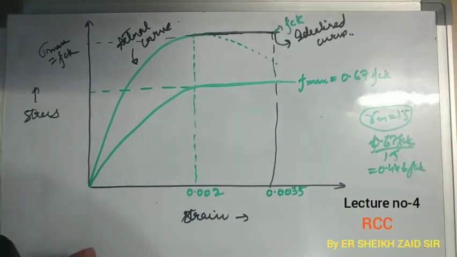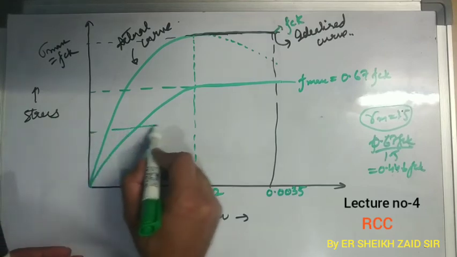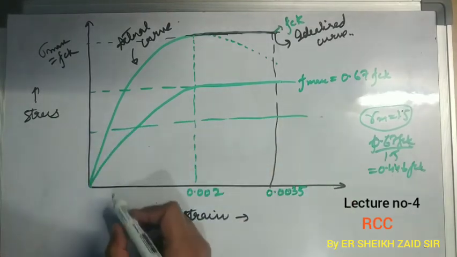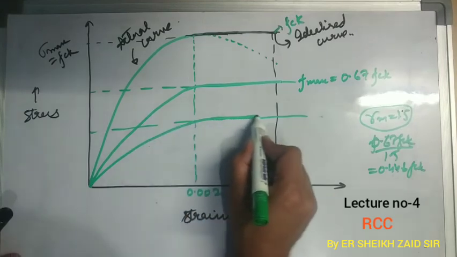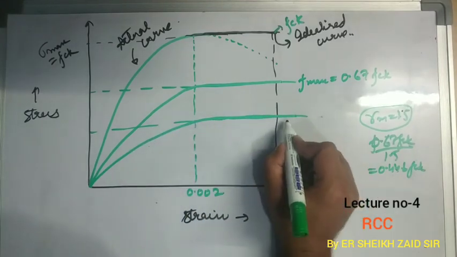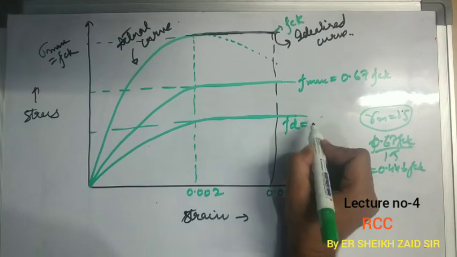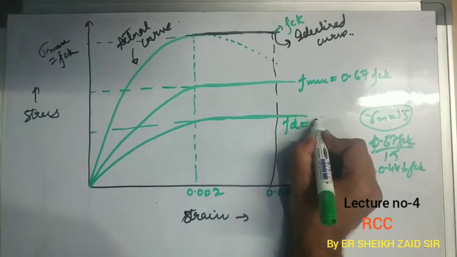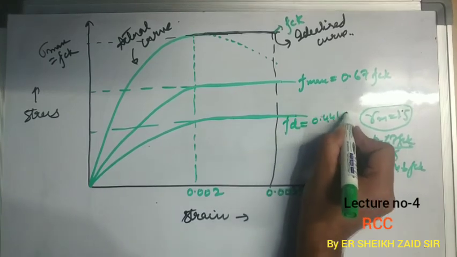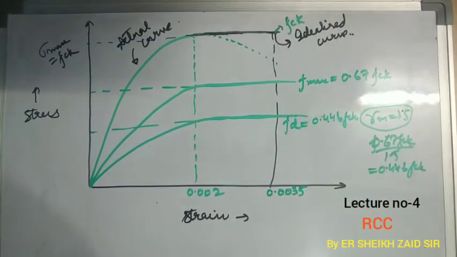So the curve corresponding to this will be just like this. So this represents our design stress denoted by FD. This is equal to 0.446 FCK. So this was all about stress strain curves of concrete.